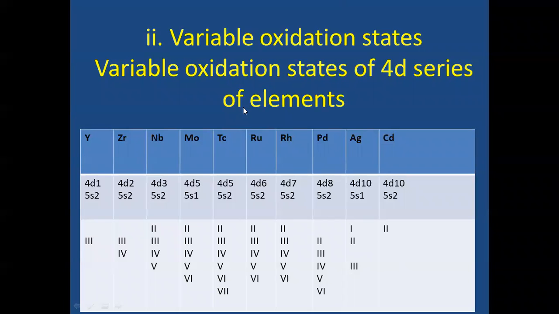Oxidation state, or valency, or oxidation number, is nothing but the electrons which can be removed, added, or shared by an atom of an element. This is called the oxidation number, oxidation state, or valency of the particular element.